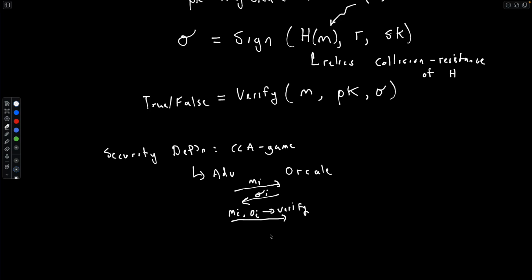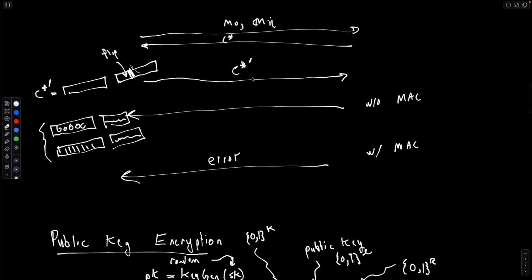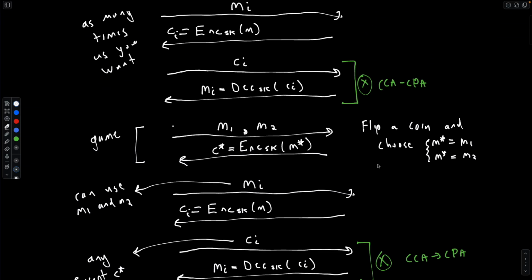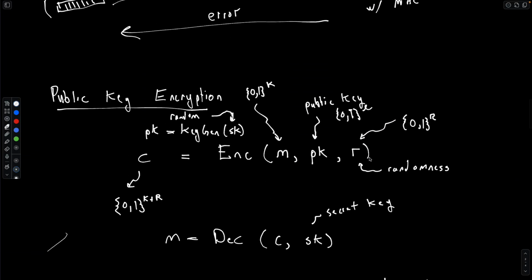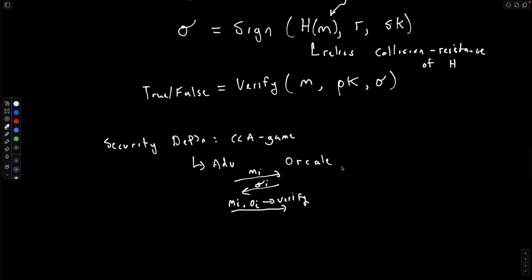Selective forgery. Yeah, so there are differences between selective and universal forgeries, and that's sort of akin to the difference between the CPA game and the CCA game. For the purposes of the protocols that we will look at, we'll always assume the strongest security. We won't differentiate between the two, so it's secure against any kind of forgery.